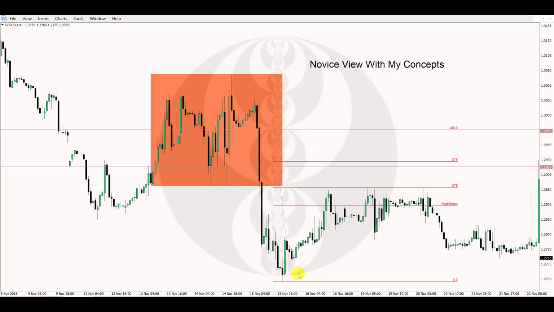Now all I'm going to do is just draw this out just a little bit so you can see the overlap right there. So we have optimal trade entry. You can see it here. This is 79% retracement level, and this is 62% retracement level.